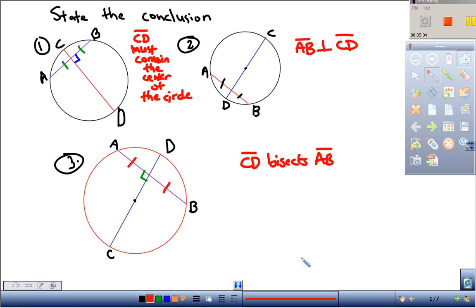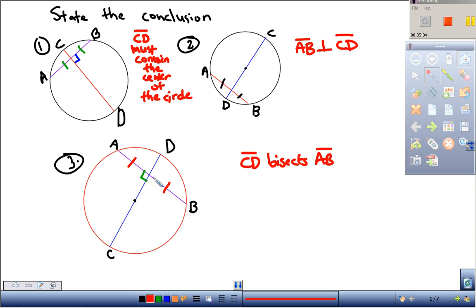One thing that it will help you with, the distance a chord is from the center of the circle has to be a perpendicular segment. So a lot of times it'll tell you that segment AB, this chord, is a certain distance from the center. And then they want you to find the radius. Well, here's how you're going to be able to do that.